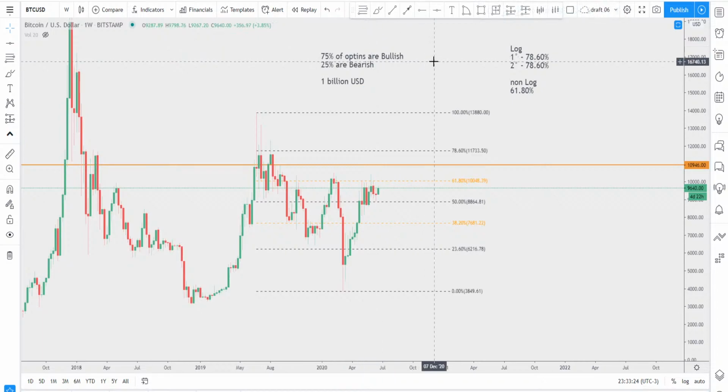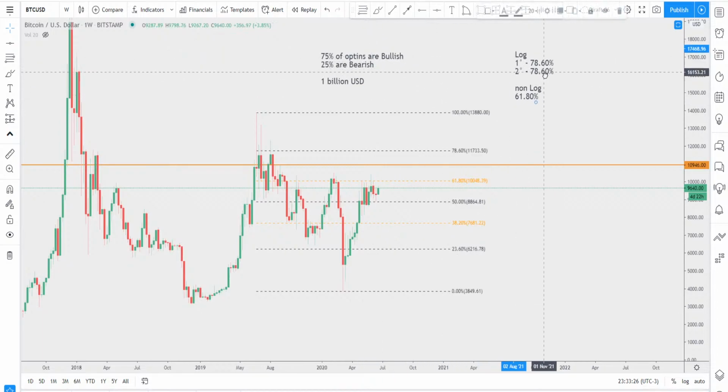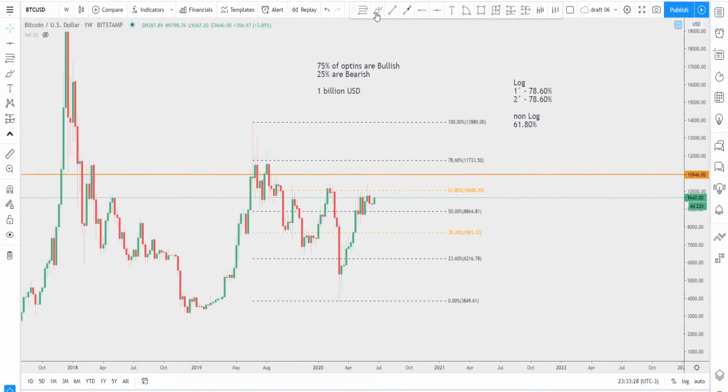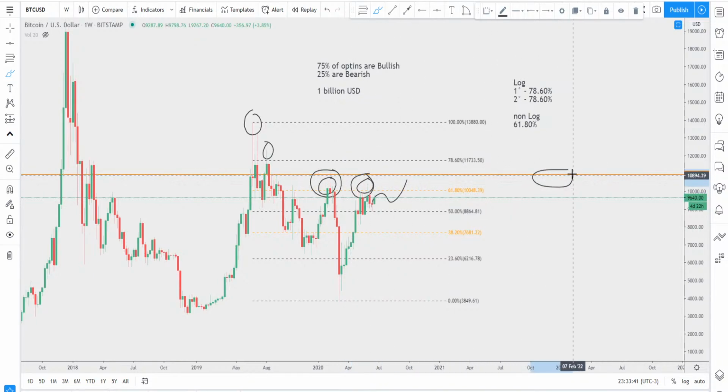Okay. So people are betting that Bitcoin will keep going up despite all the rejections, despite the lower highs, and despite the key level that is 10,946.